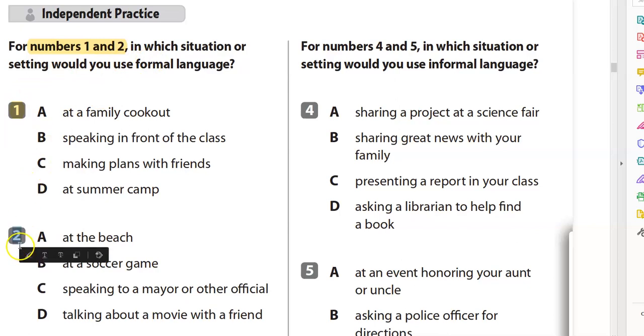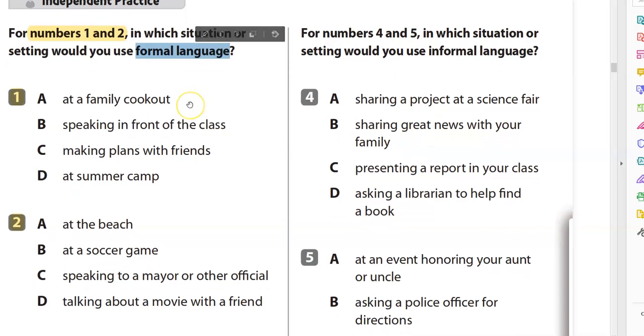When I'm looking at number 2, I want to use these directions. So remember, formal language is language you use when you're speaking to teachers or bosses. You'll be using complete sentences and correct language.